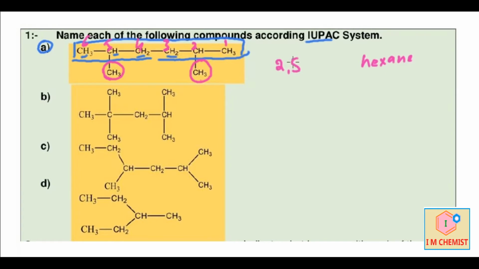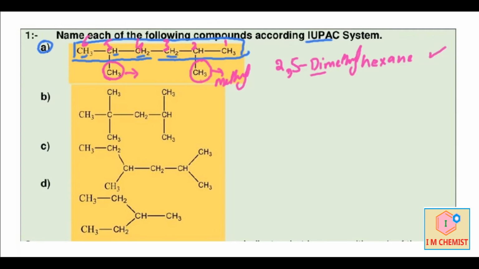So it would be written like this: 2, 5, then hyphen, and then you have to write dimethyl hexane. This substituent is methyl. This is also a methyl substituent or group. As you can see, we have the methyl group twice, so we can write dimethyl hexane. So this is the name for the first example.